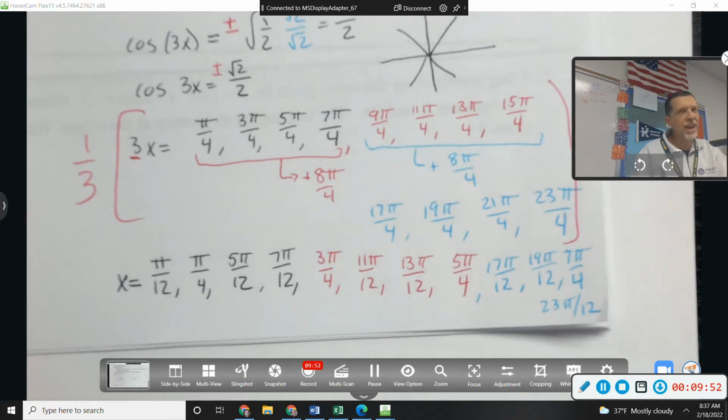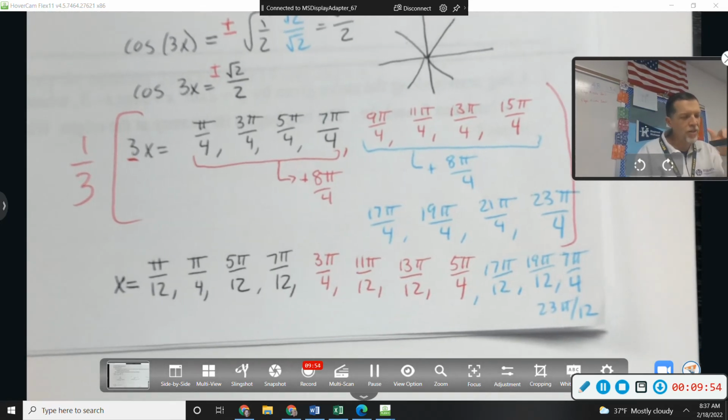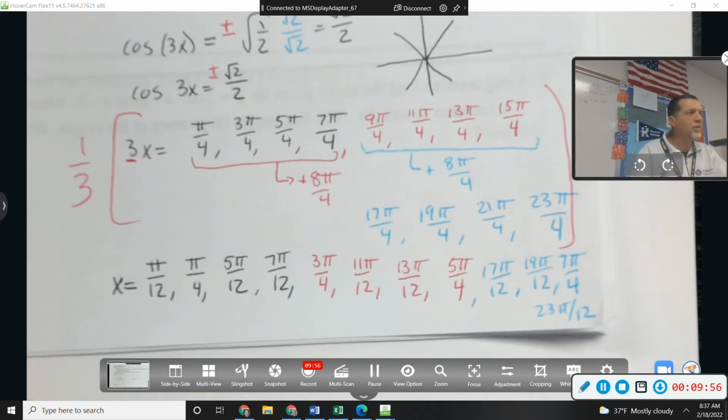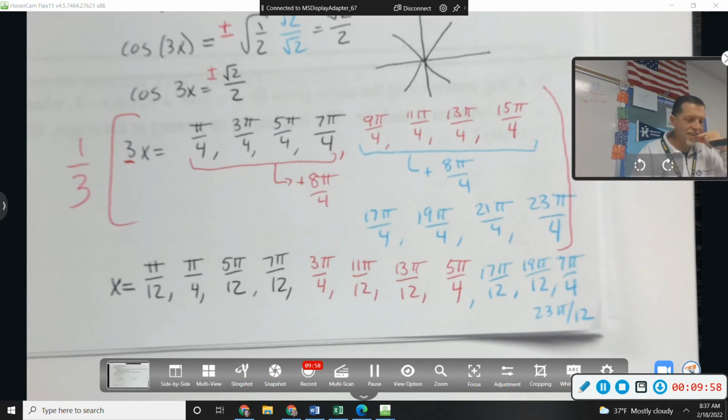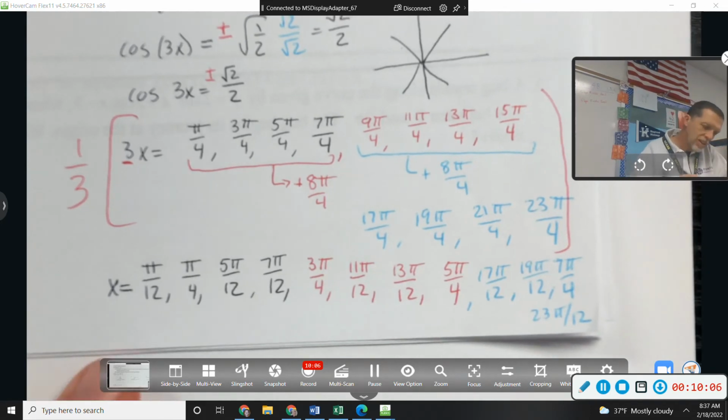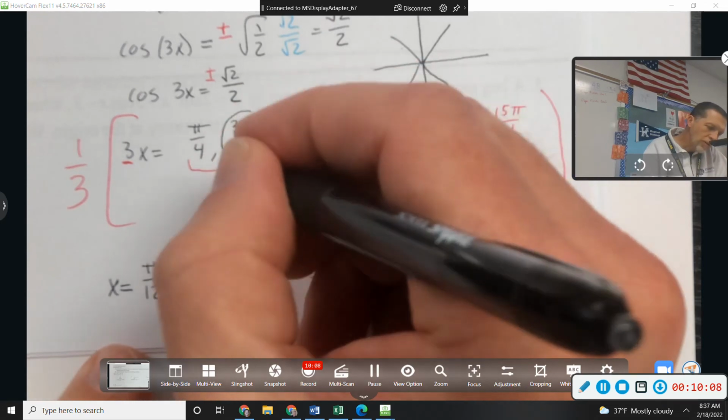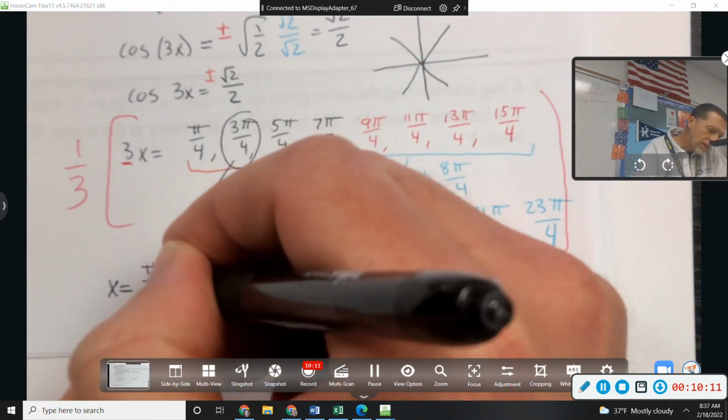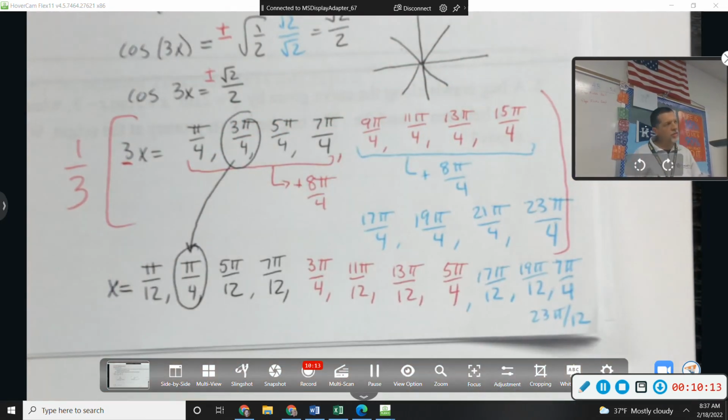Somebody who was working ahead yesterday asked me a question about 13 and 14 that you might notice. Pi over 4, 5 pi over 4, and 7 pi over 4, they don't change. Well, they did. This one was 3 pi over 4, and when I divided by 3, it became pi over 4.